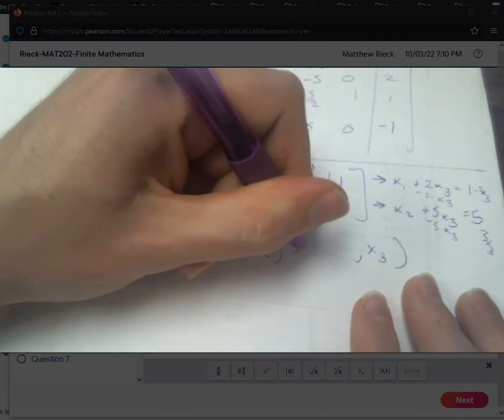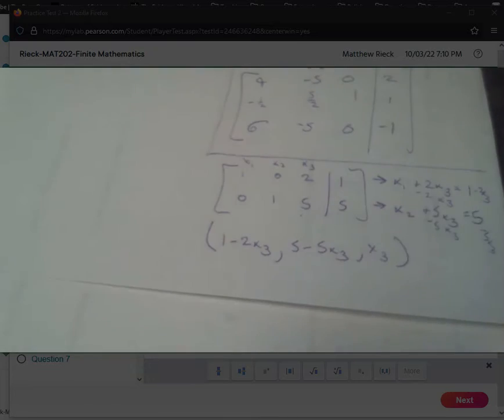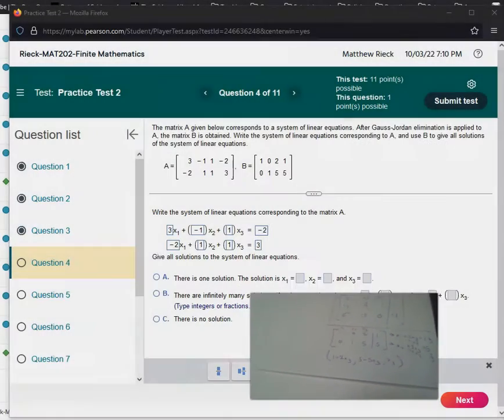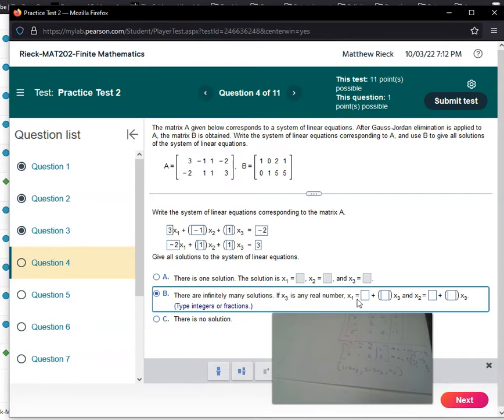So we have 5 minus 5x3. So in this case, there are infinitely many solutions. So again, x3 is our wild card, so x3 can be any number. And then x1 is going to be 1 minus 2x3, and x2 is going to be 5 minus 5x3.